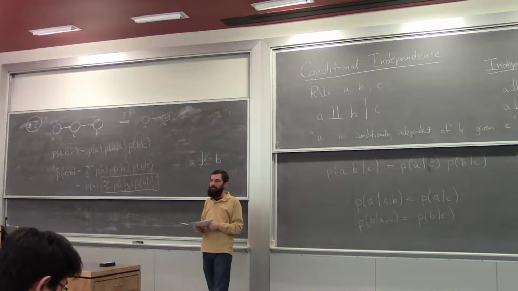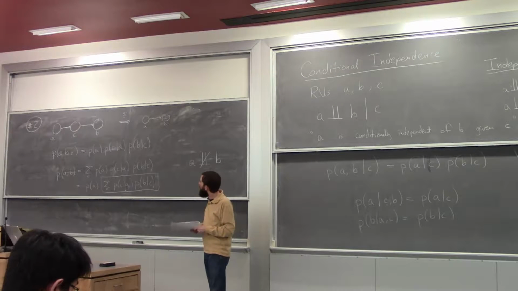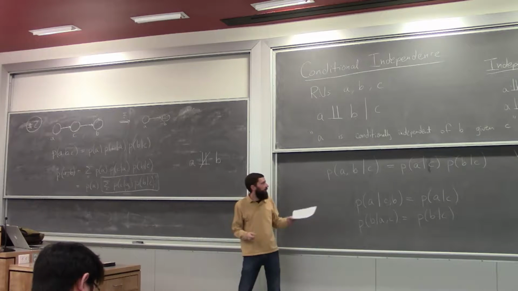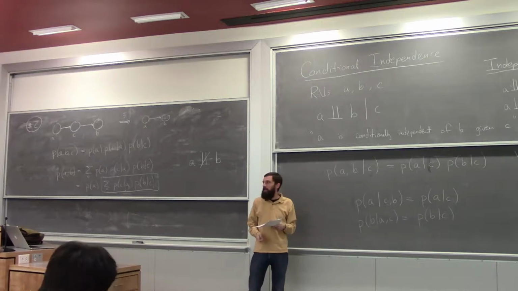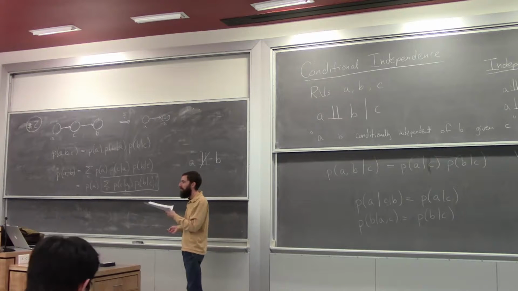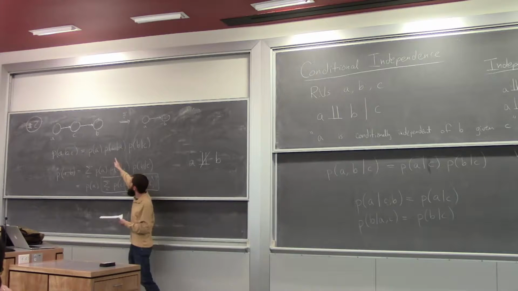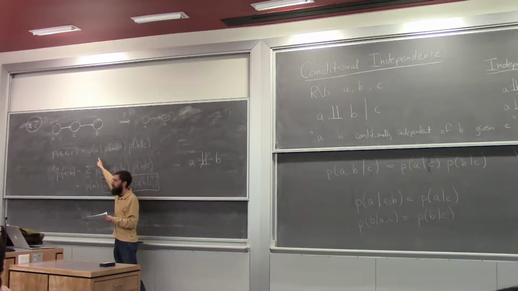So again, if I just look at the left-hand side, we can plug in P of A and P of C given A. And then we can write P of C, P of A, and C.